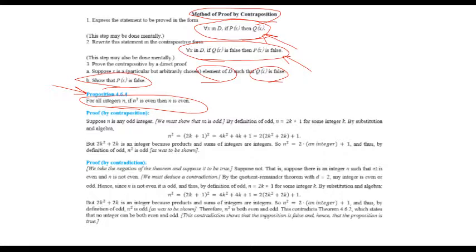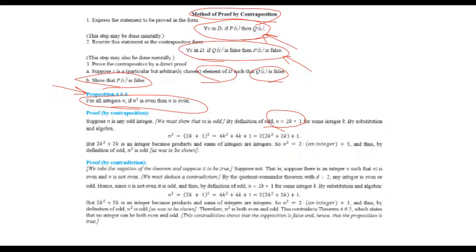So the contrapositive becomes: for every integer n, if n is odd, then n squared is odd, right? So we first assume that we have an integer n and n is odd, and then we prove that n squared is also odd.